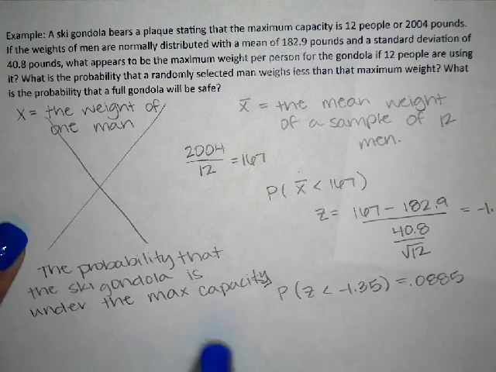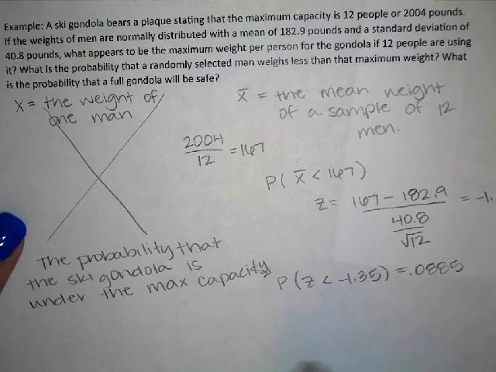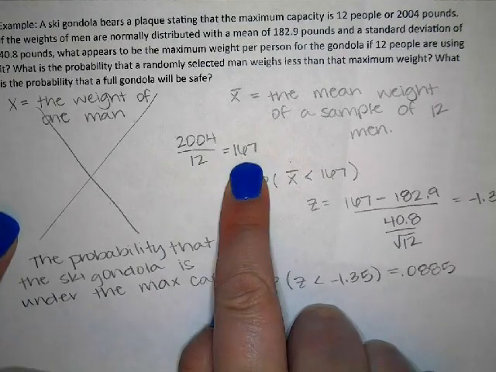So if you wanted to see how this problem would need to change, or how this plaque should be rewritten to make this gondola safe for people to ride, you could go through the problem and try dividing by 11 people to find a new sample mean, and then recalculating it with 11 to see if that z-score has improved. Then try it with 10, and then see what that probability is.